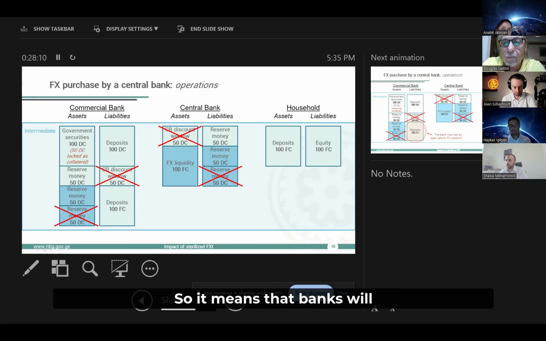So banks will lose money. Essentially, their capital will be eaten, so their capital declines, and in extreme cases, this can result in bank default. For that reason, commercial banks are by regulation required not to have too big an open FX position.